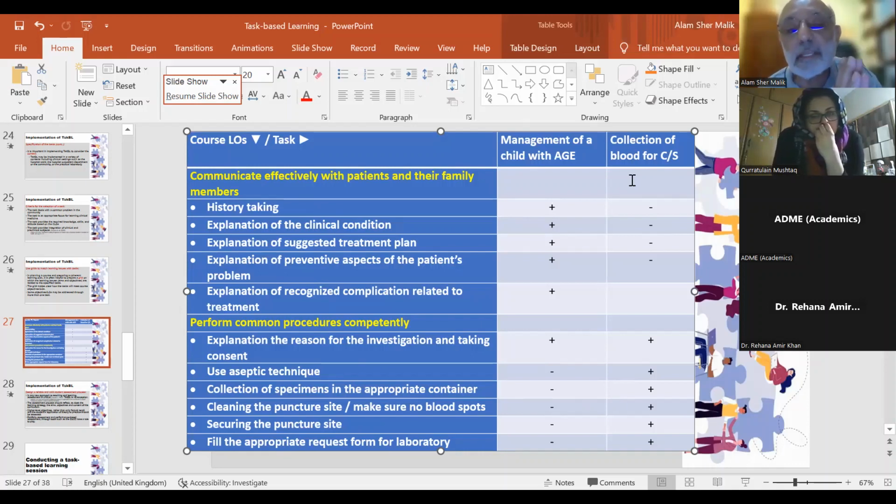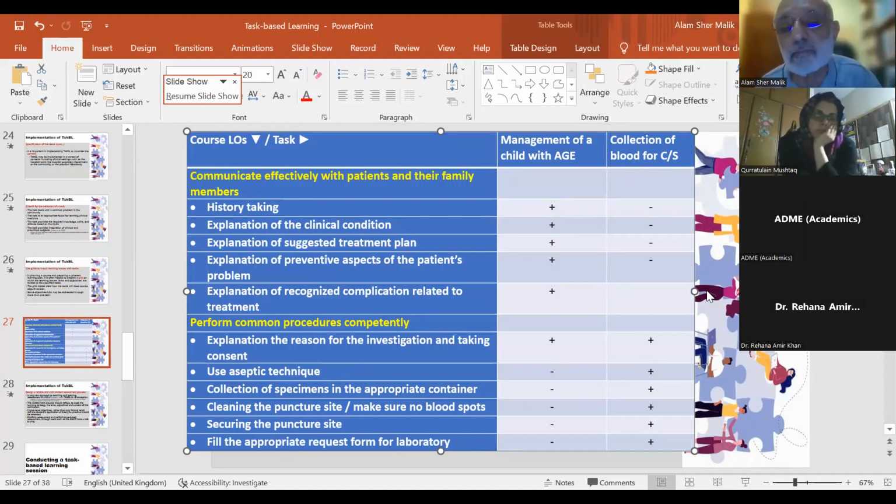So basically, having such grids where we have the course learning outcomes and the tasks, and matching which course learning outcomes are being met clearly with which task, helps in just one glance to explain the whole curriculum.